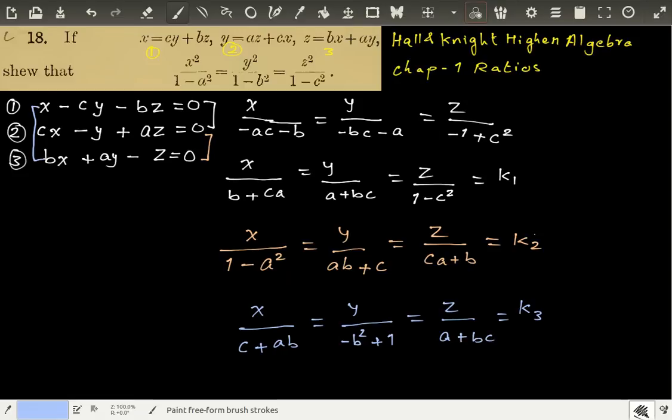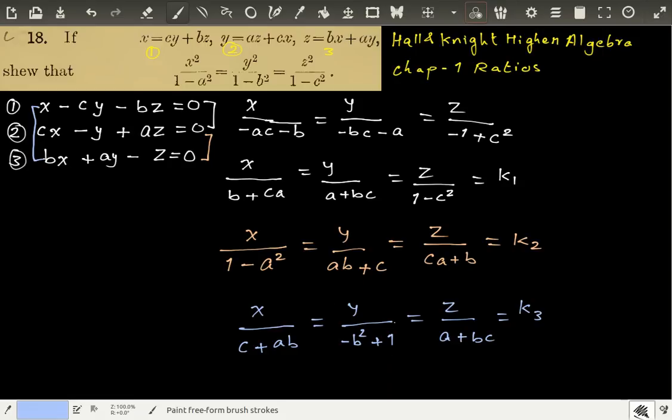Now let us look at what we need to prove. We have to prove that x square over 1 minus a square is equal to y square over 1 minus b square. We can see that x over 1 minus a square already exists in the second relationship, and y over 1 minus b square is over here.